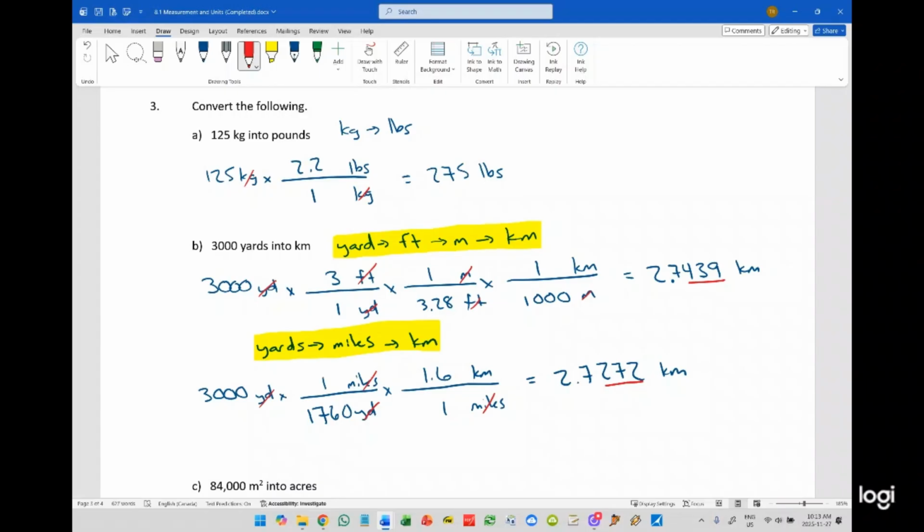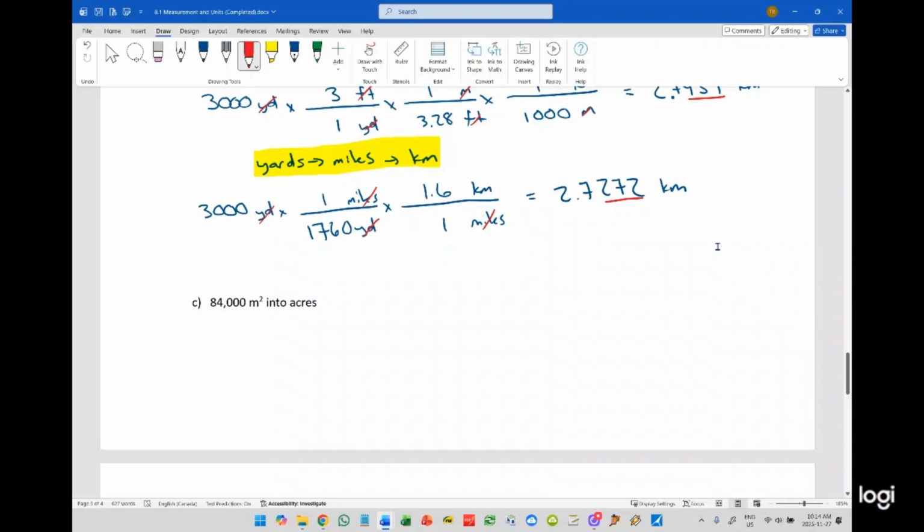It's not going to be enough to matter, but I just wanted to use the extra decimals here to show you that sometimes you'll get slightly different answers depending on which chain you do, because anytime we're using approximate equivalencies, you're going to introduce some error, and you're introducing a different error depending on which path you take. But again, if they're more or less correct, it'll be fine no matter which way you do.